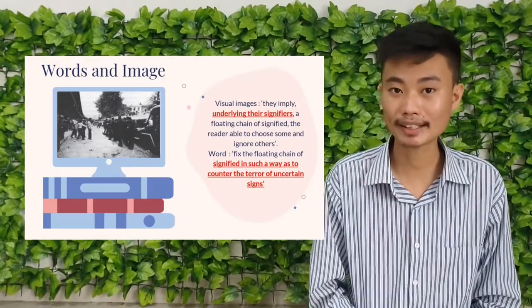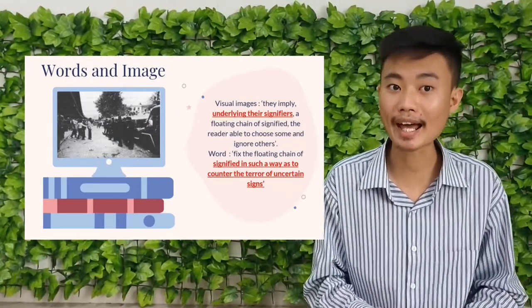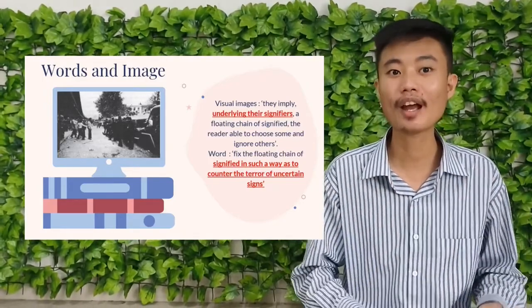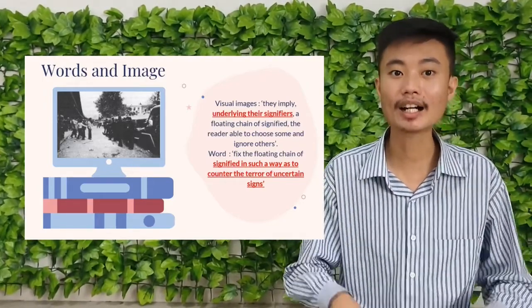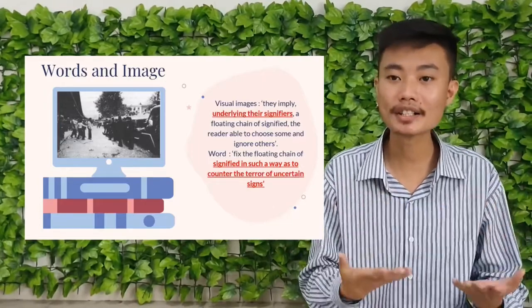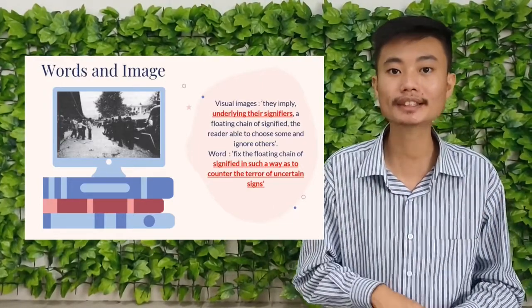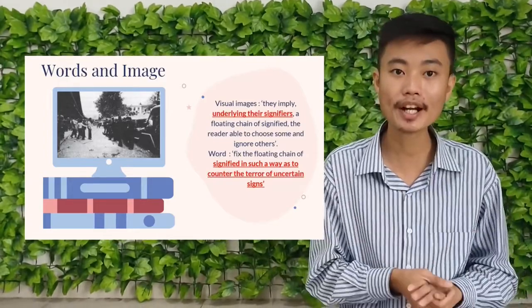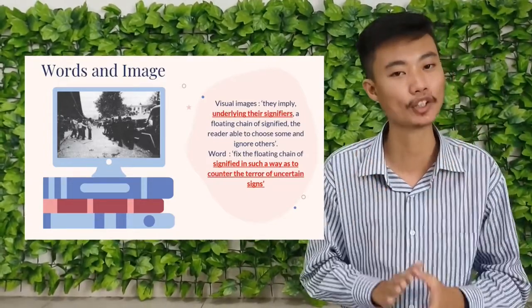The next method is word and image. Visual images are implying signifiers and floating chains of signified, and the reader is able to choose some and ignore others.